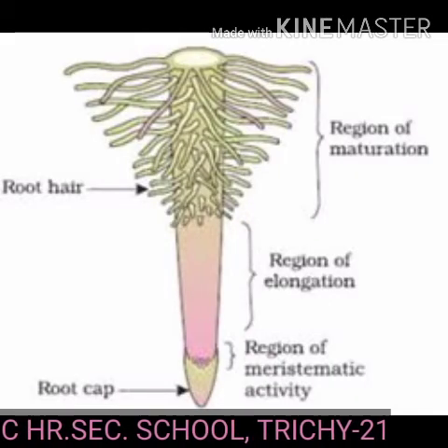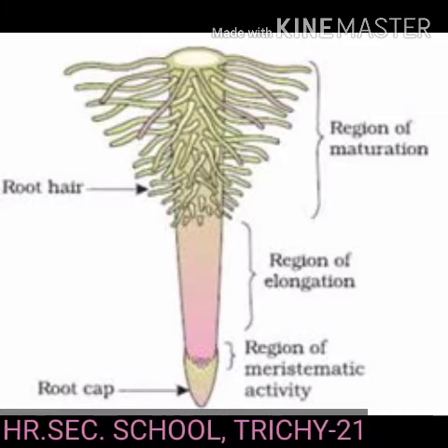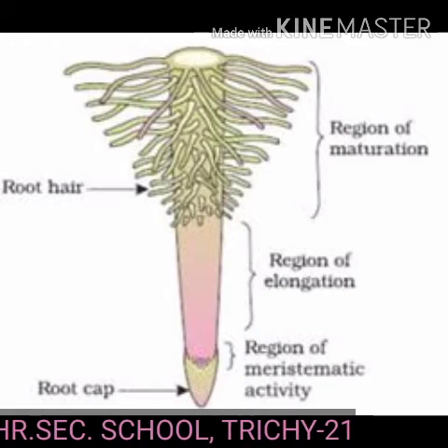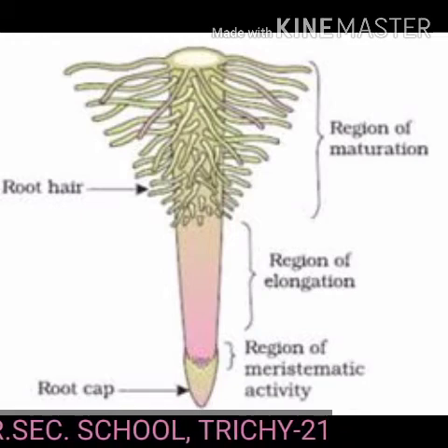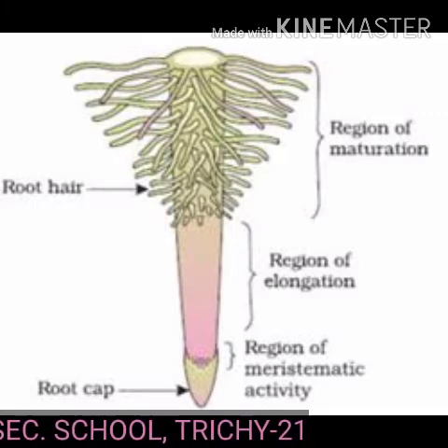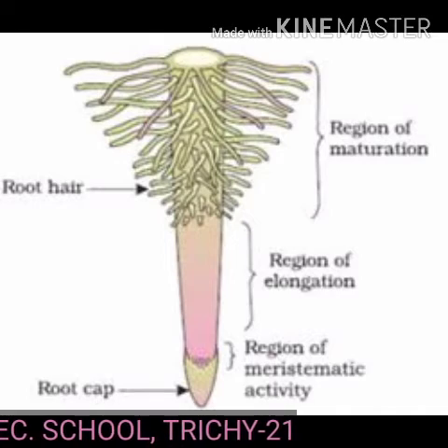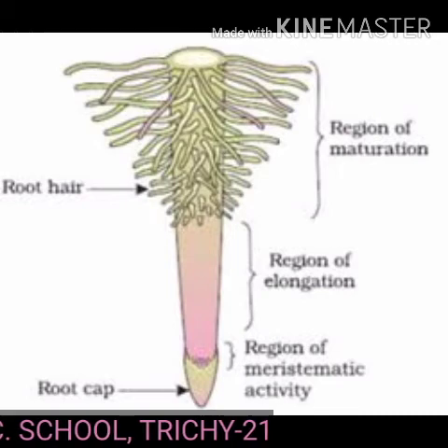Regions of root. Root tip is covered by a dome-shaped structure made of parenchymatous cells called root cap. It protects the meristematic cells in the apex. In Pandanus, a multiple root cap is present.